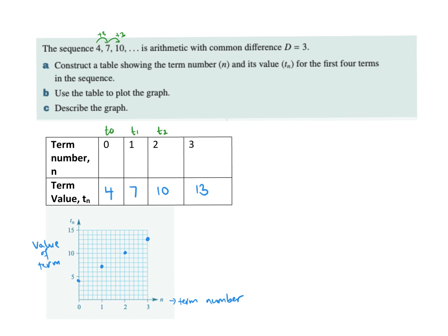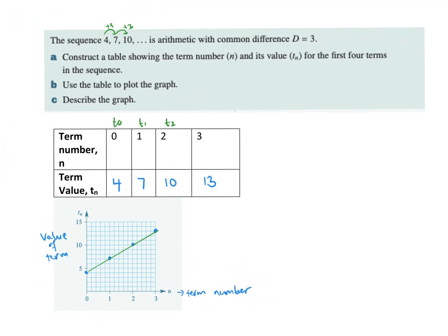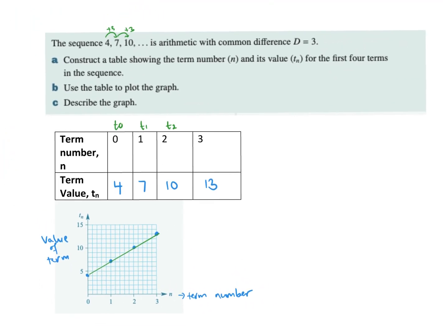What you're going to notice with an arithmetic sequence, can you see if I join those dots, what type of line do I get? Linear. Yeah, a linear, good. Don't worry about saying all that stuff. It's exactly a linear line. It's a straight line, isn't it? A straight line, that's what linear means. So you pretty much just need to know you see a straight line. That's what you need to make a little comment about.